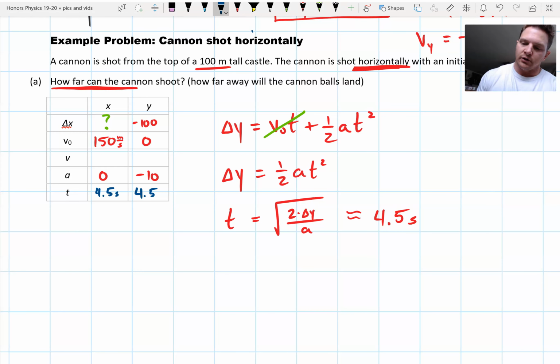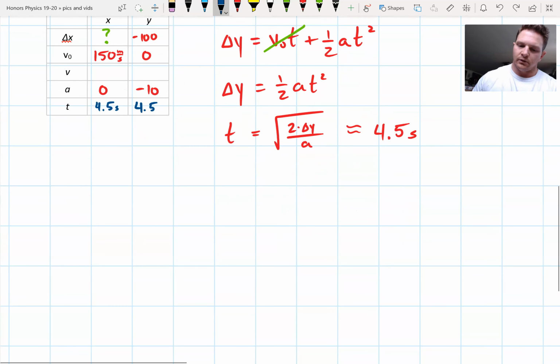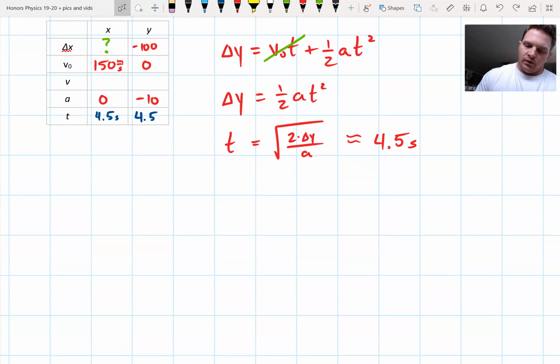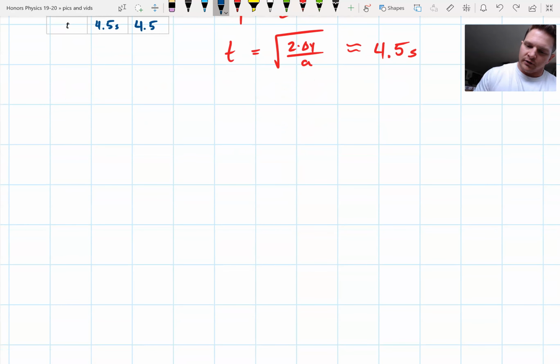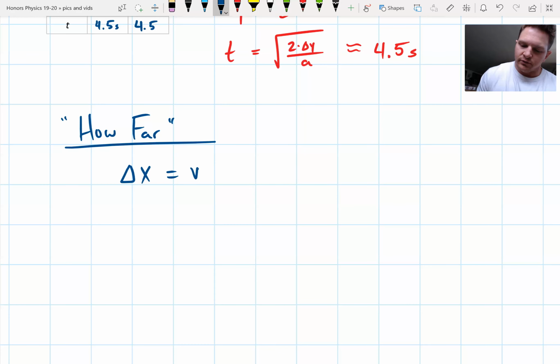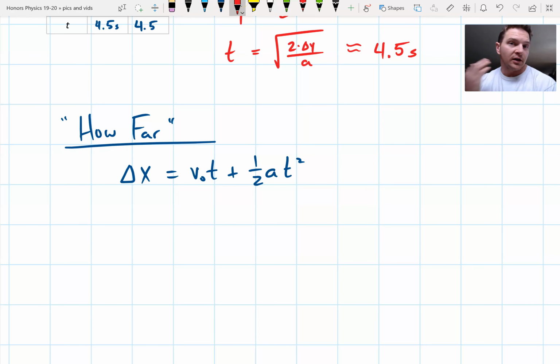Now, if you take a look at the x, I have enough info to use one of my equations to figure out how far it's going to go. And it actually ends up being the same equation. Okay, so for the x direction, the how far part now, we go change in the x position is equal to initial velocity times time. We start with the general equation, and then we kind of go, oh yeah, it's a projectile.